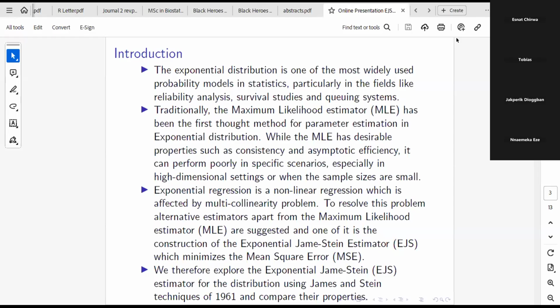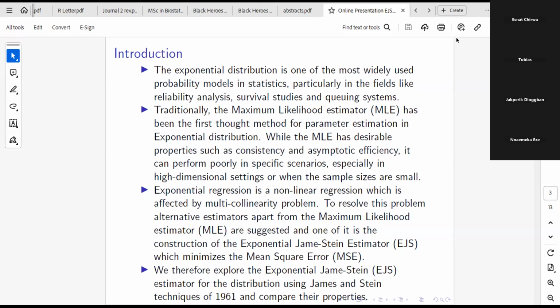Actually founded in 1961. Now, what the gemstone estimator does is it pulls the estimator closer to the targeted value, and in this case, would push it towards the value we're estimating, or the actual value.